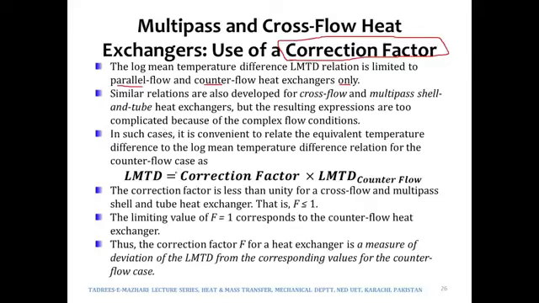So what the scientists have found out is the use of this expression, which says that the LMTD for cross flow heat exchanger or for multipass flow would be found out by multiplying the LMTD for counter flow with a correction factor.